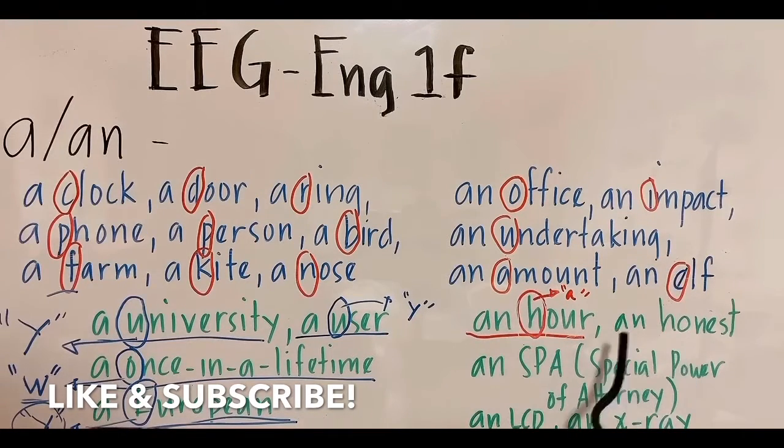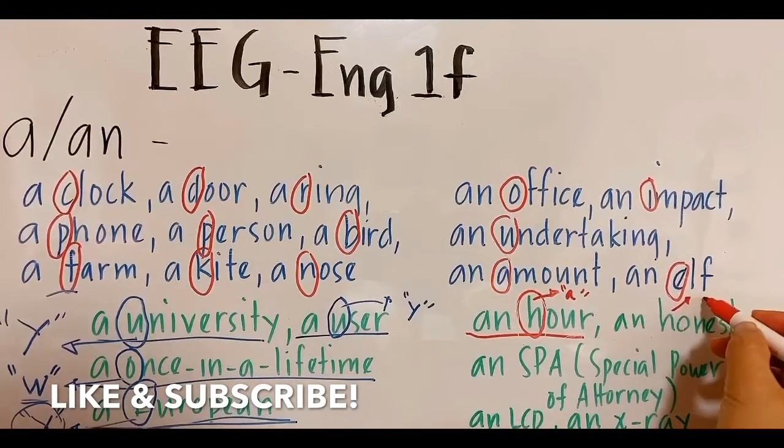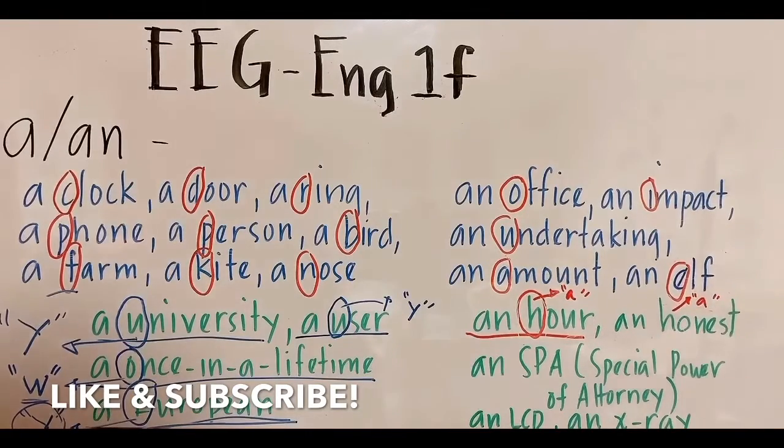Likewise with an honest. This starts with a consonant, but if we listen to it again, it starts with a vowel sound. It's a silent H. That's why an honest.